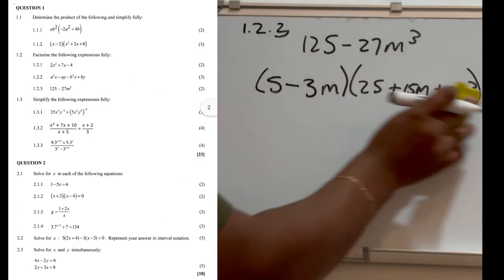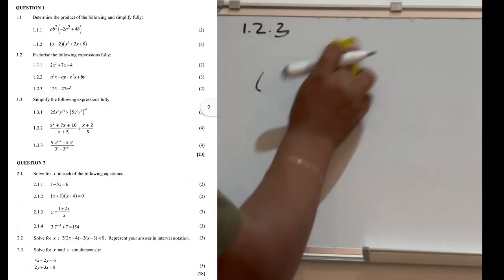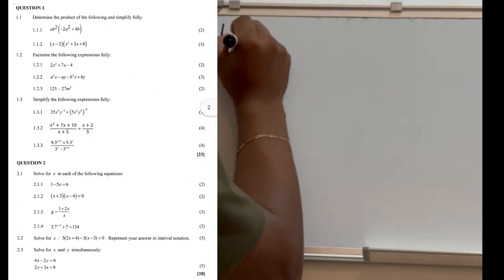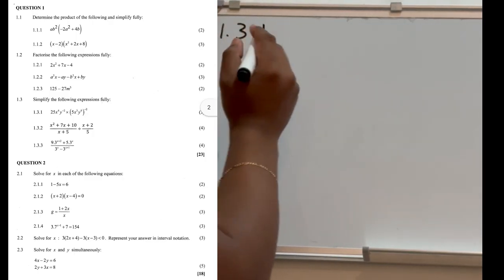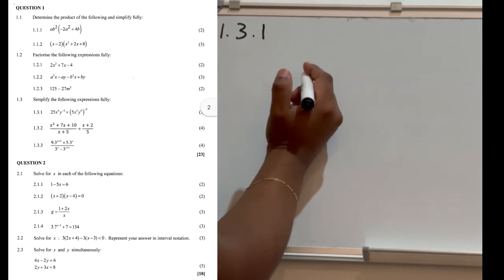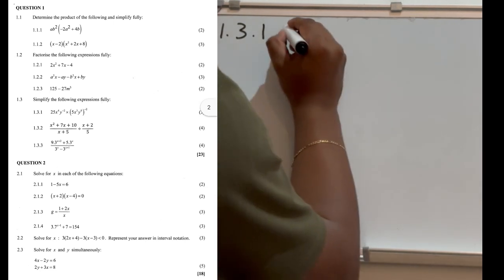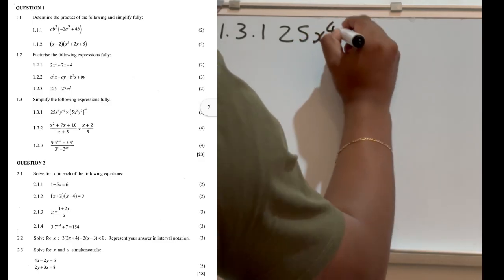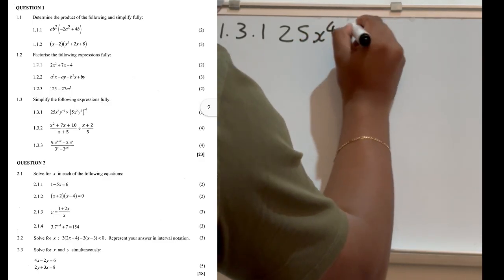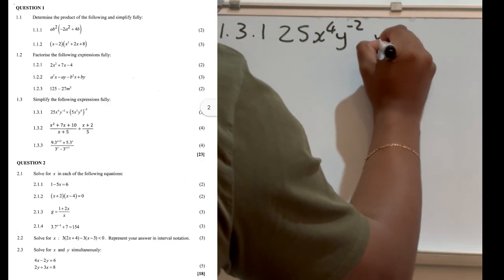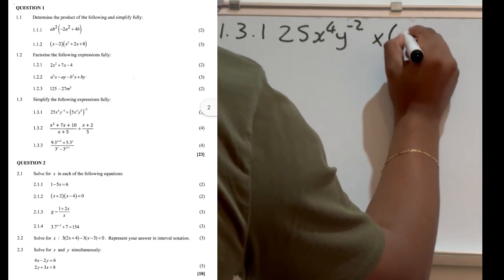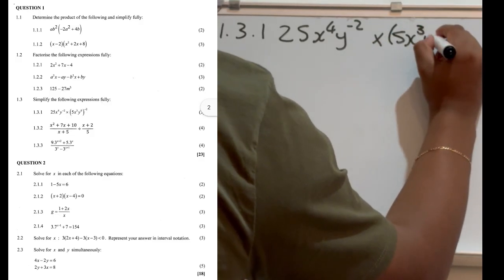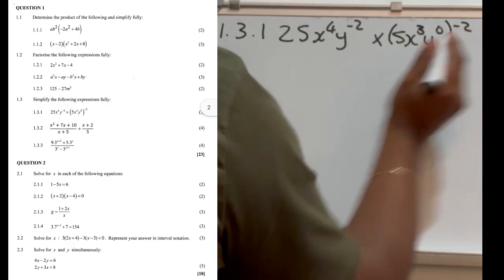Now we go over to 1.3.1. So we say simplify the following expression fully. So that's 25 x to the power 4 y to the power minus 2, times 5 to the power minus 1, x to the power 3, y to the power 0, all to the power minus 2.